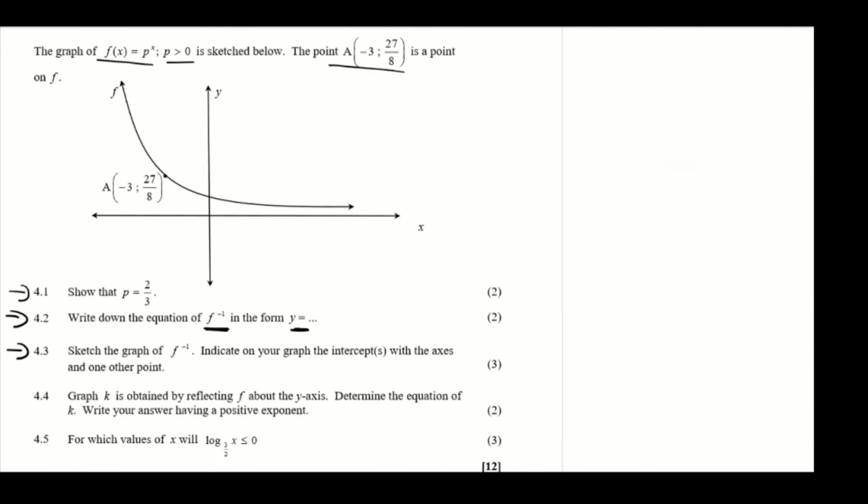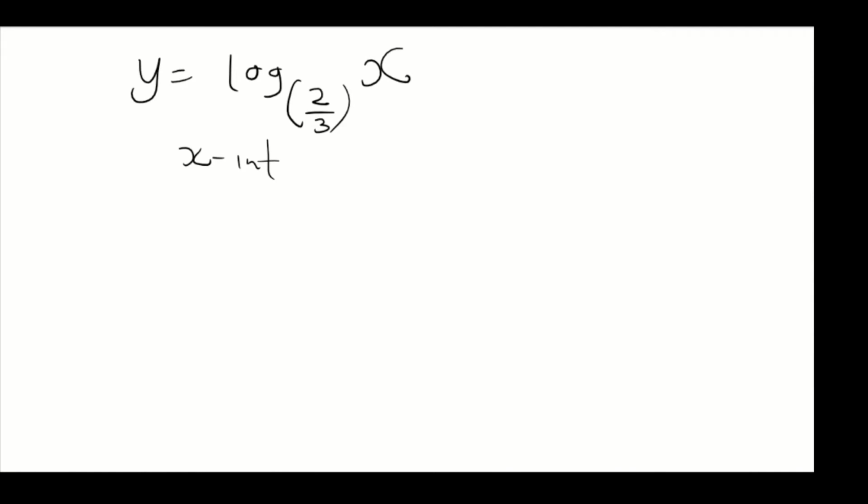So 4.3, we are asked to sketch the inverse of the function, indicating all the intercepts and one other point. Having our inverse, y equals log base 2/3 of x, we need to first find the intercepts before we draw it.